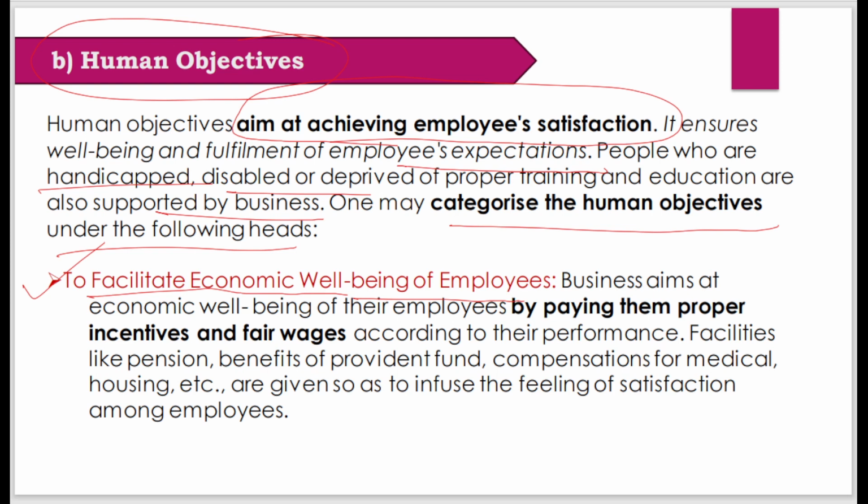So a business aims at the economic well-being of its employees by paying them proper incentives and fair wages according to their performance. Facilities like the benefit of provident fund, and compensation for medical and housing are given to infuse a feeling of satisfaction among the employees.